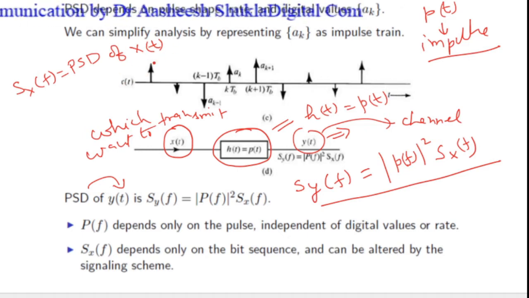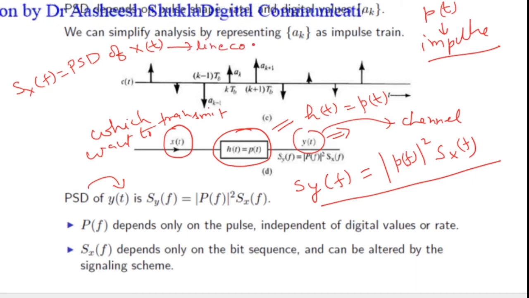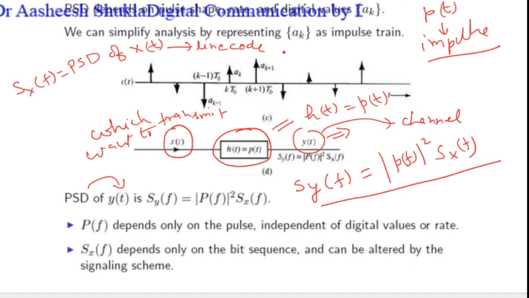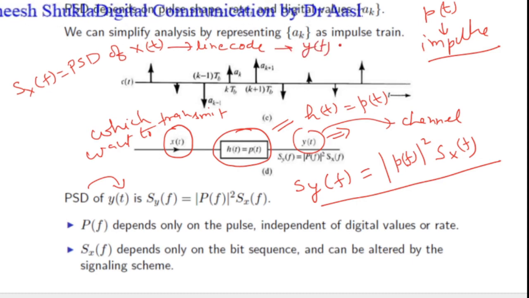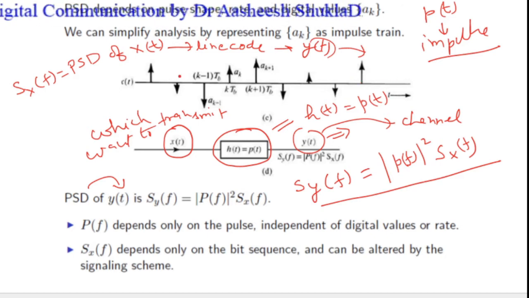Actually, this is the signal which we want to transmit, and we are providing a good line code to this signal x(t). If we do so, x(t) will be converted to y(t), and now this y(t) can be transmitted to the channel. This is how we should see this concept.